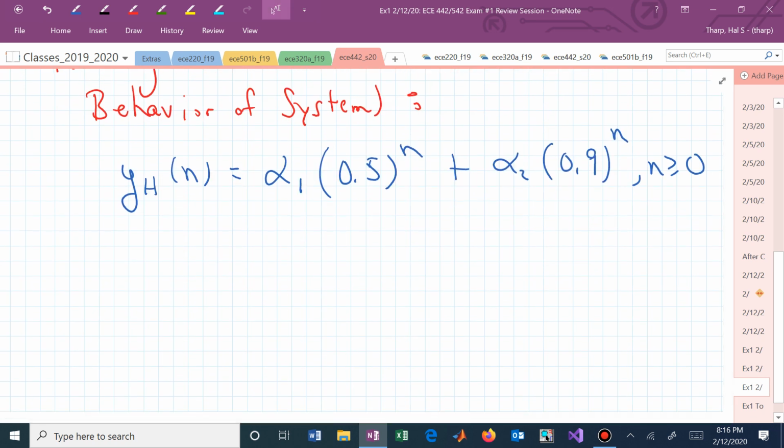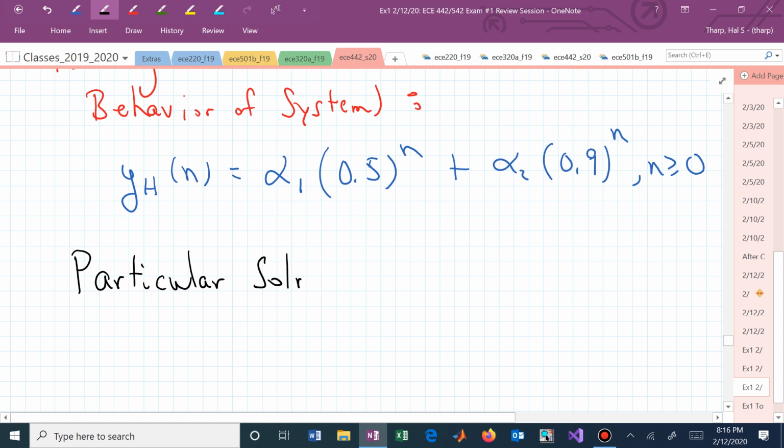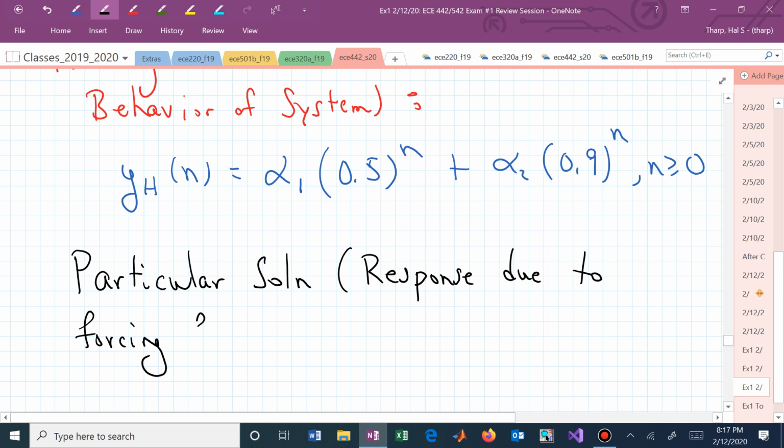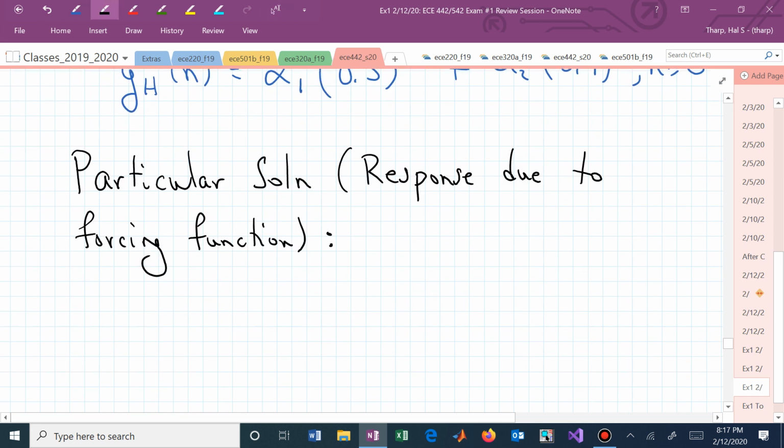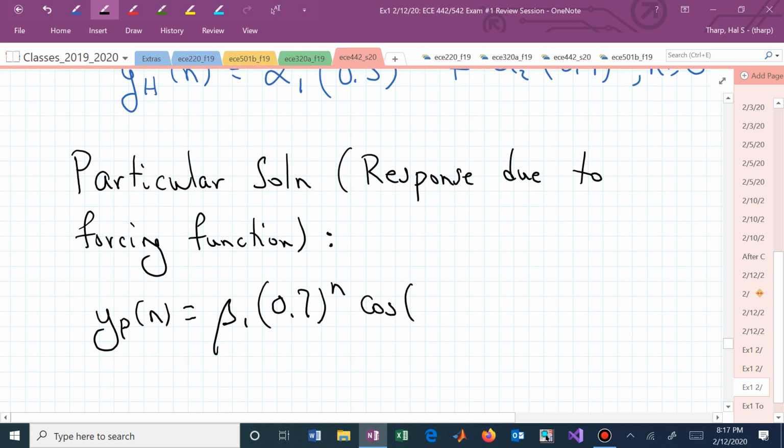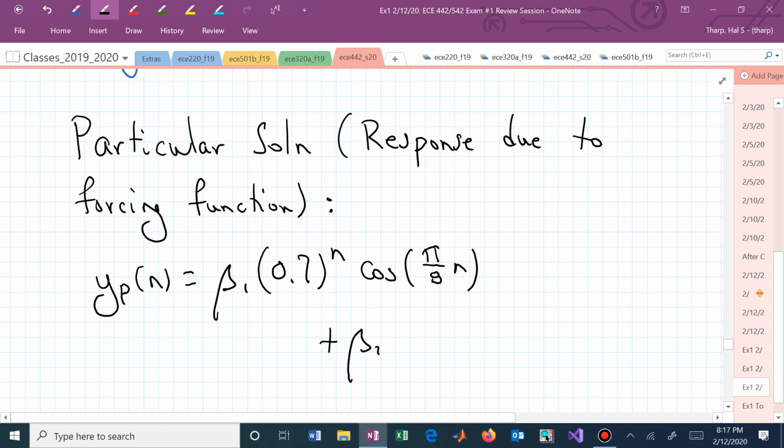So now if I said the particular solution, and this is the response due to the forcing function, then that is y sub p of n is equal to beta 1 0.7 to the n cosine pi over 8n plus beta 2 0.7 to the n sine.